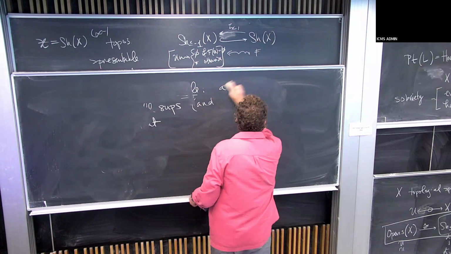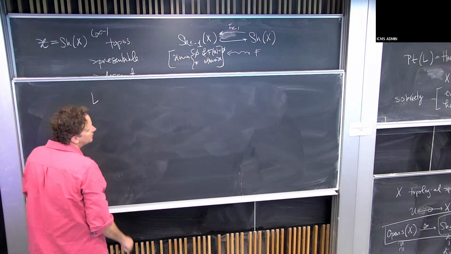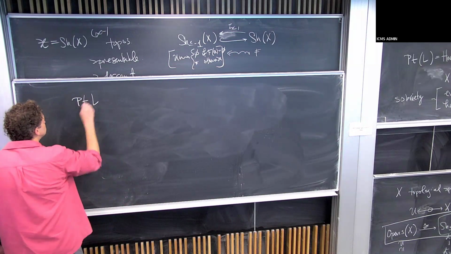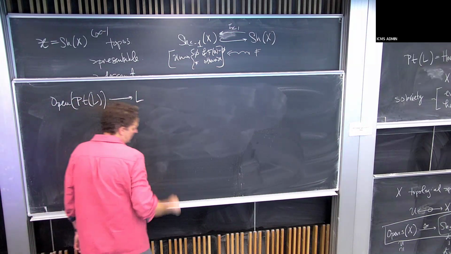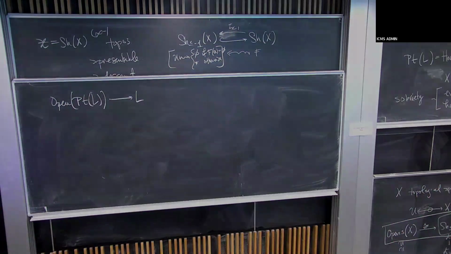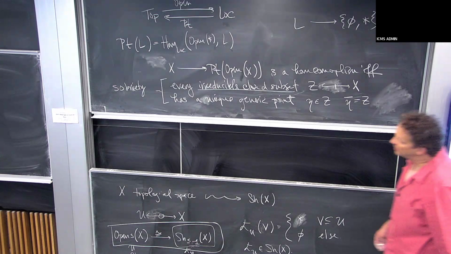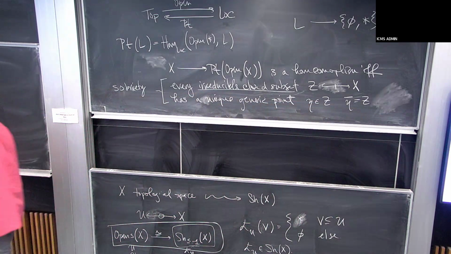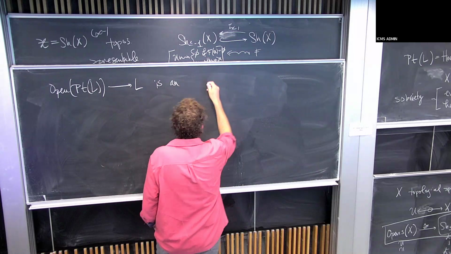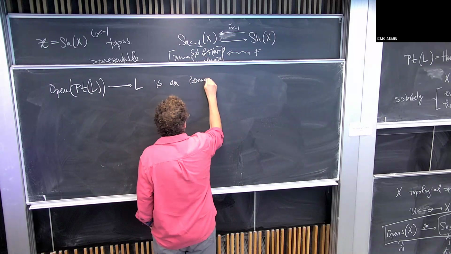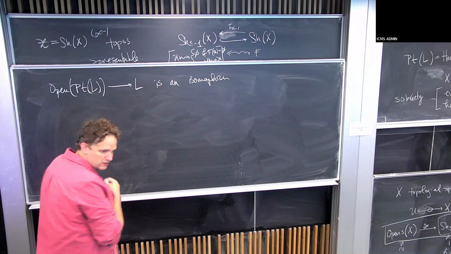So with the co-unit, I'm starting with the locale L, taking its collection of points, taking the opens, and mapping that back to L. Well, okay, so this is an isomorphism. I'll give you the characterization of when this is an isomorphism. That's, I think, all I know how to say about it in general.